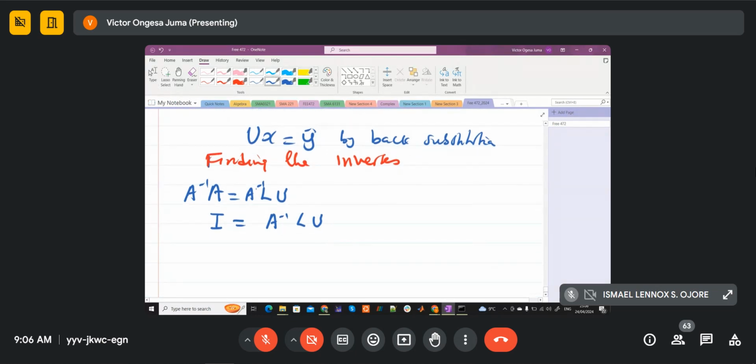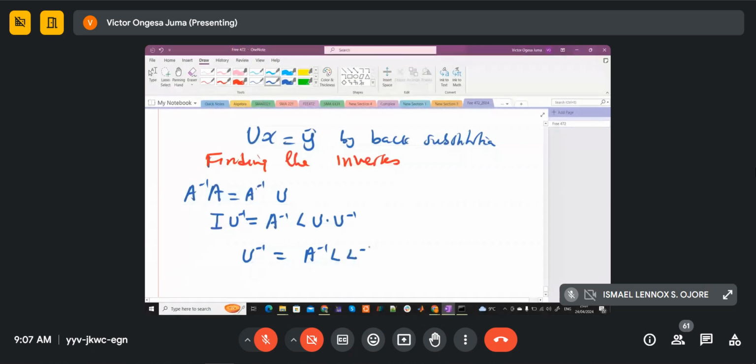So I can also multiply by U inverse on both sides. If I multiply this by U inverse, I get that U inverse is the same as A inverse multiplied by L, because this is just the identity.